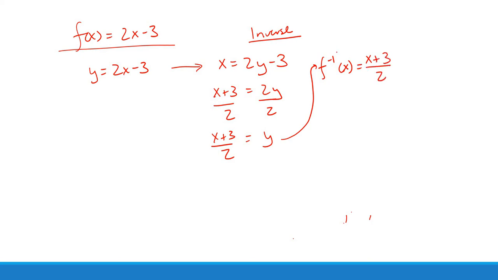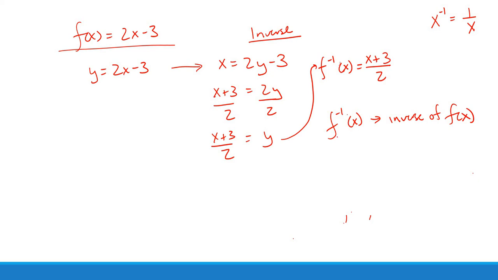All right, let's talk about this notation for a minute. We have seen before that when we use -1 as an exponent, it means that we're going to take the reciprocal. In function notation, this means that this function is the inverse of f of x.